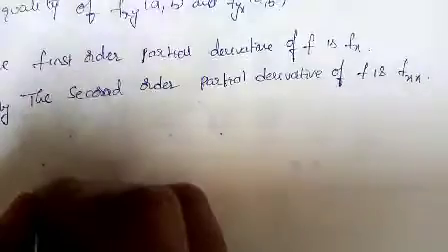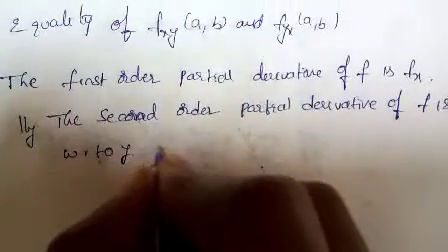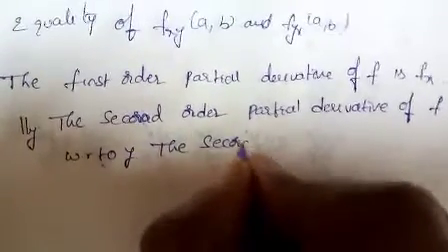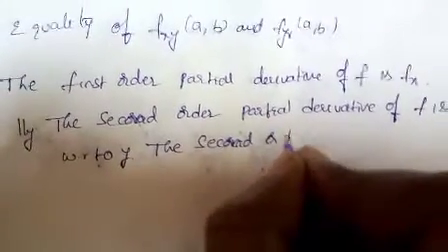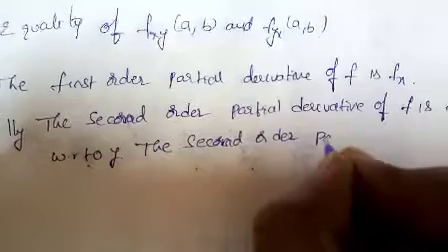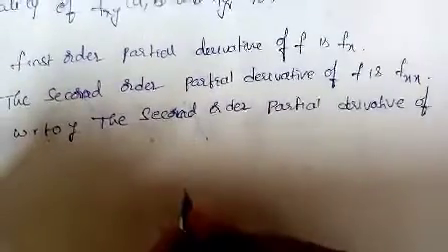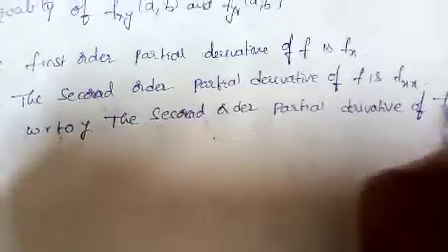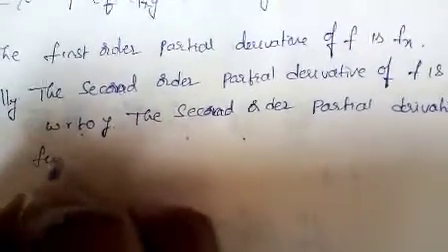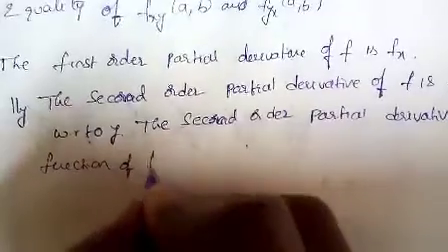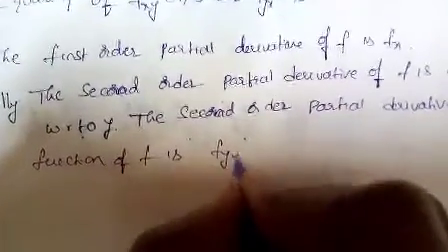So now, and similarly with respect to y, the second order partial derivative of the function f is fyy.